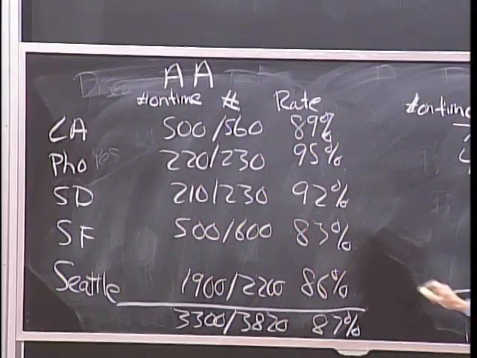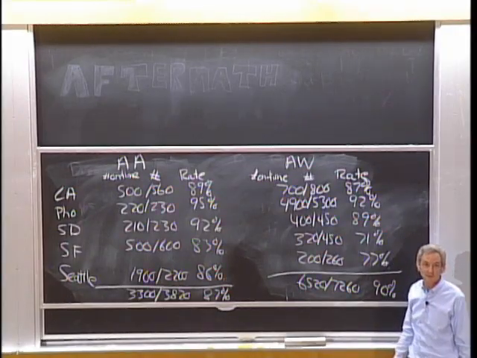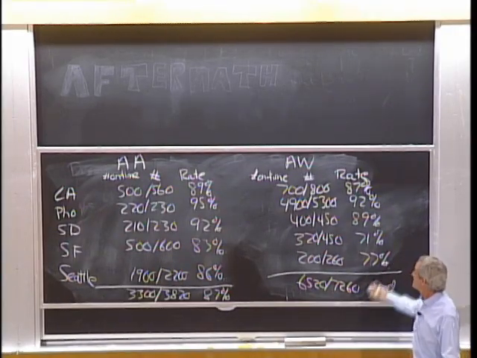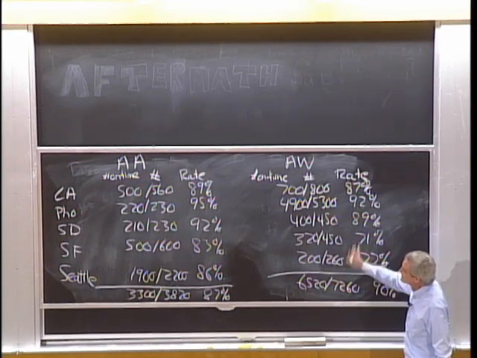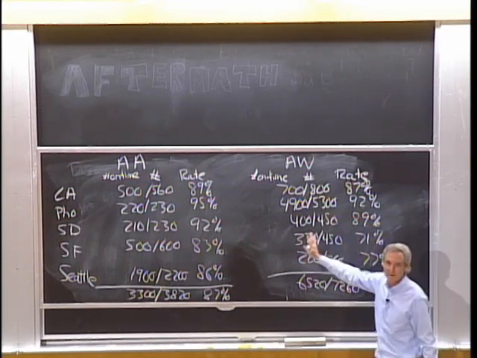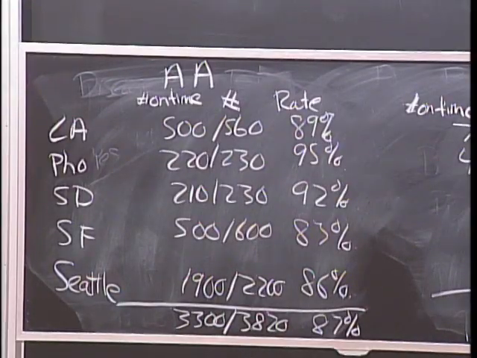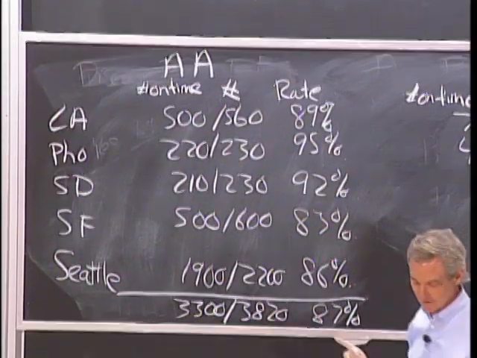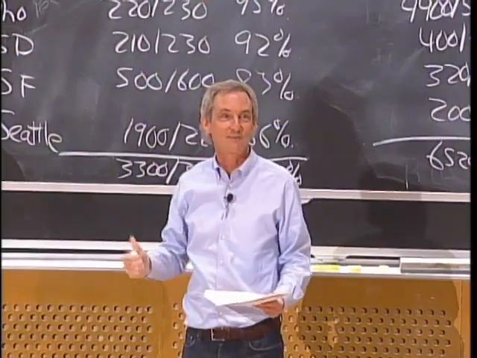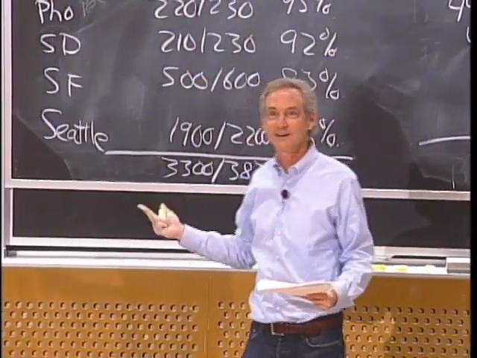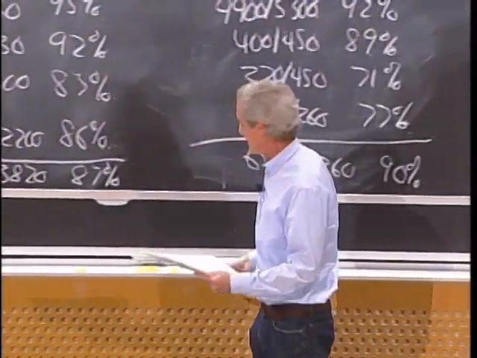All right, and so they look worse on average because so many of their flights are in a bad city, and so many of America West are in a good city. So it makes America West look better when, in fact, in this case, it's absolutely clear who's better. American Airlines is better, every single city. All right, that's why Mark Twain said there's three kinds of lies: lies, damned lies, and statistics. We'll see more examples next time.